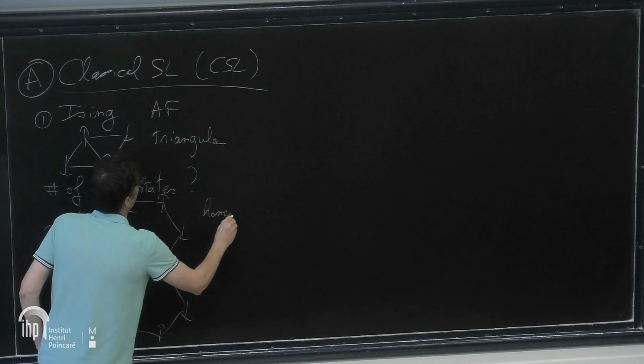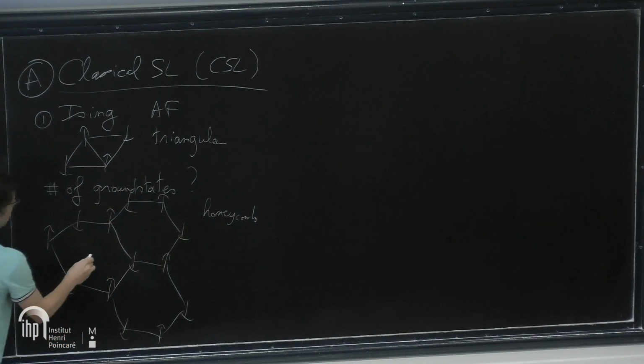And now, okay, this is the honeycomb. Everyone is happy, but now I can add the missing site to go to the triangular lattice.